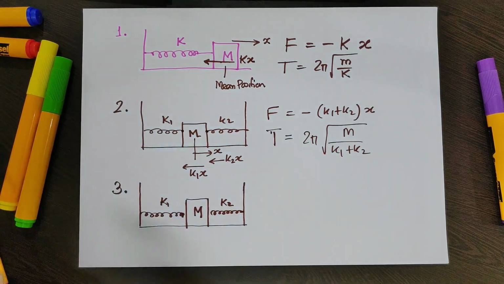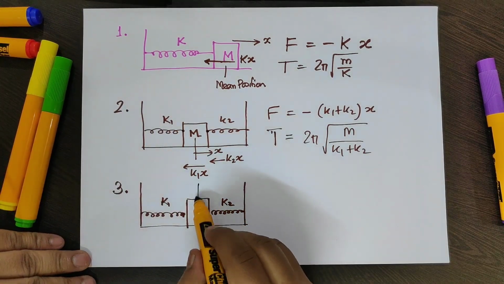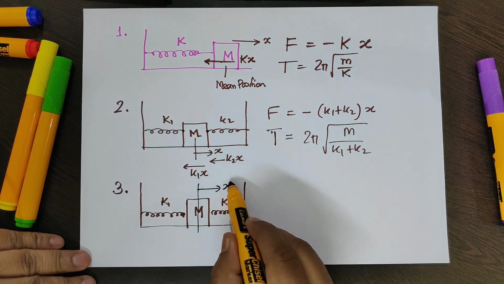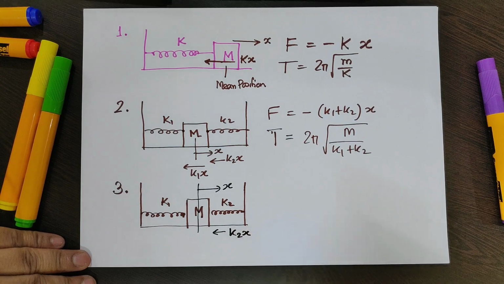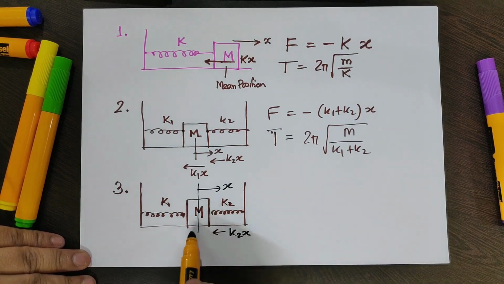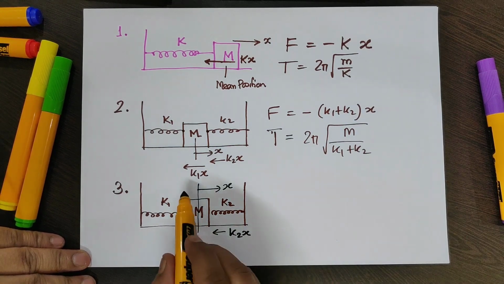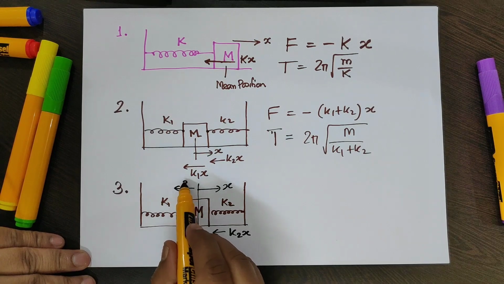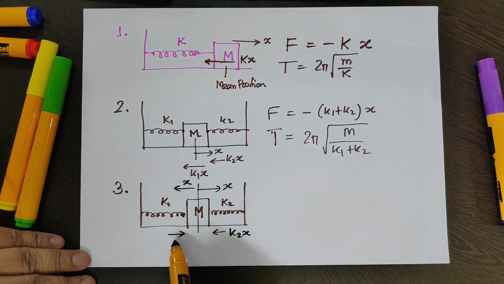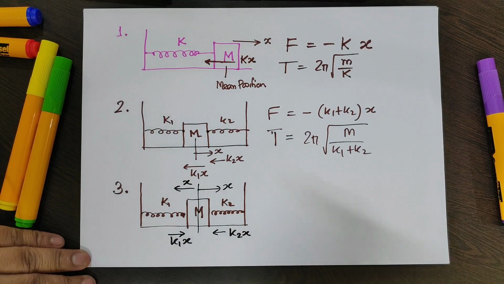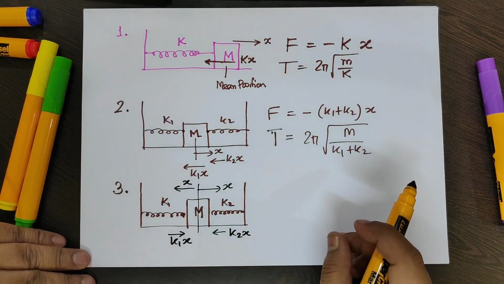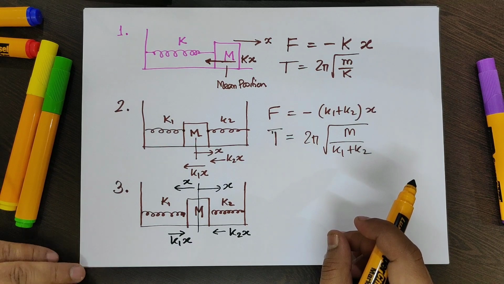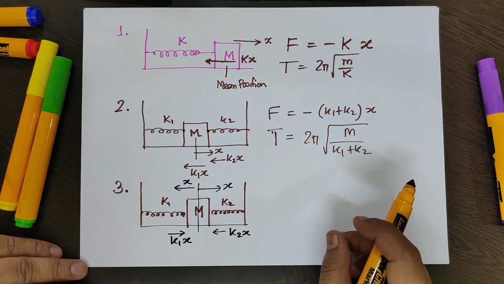Now from the mean position, if you displace this block by x, then there will be a force due to this spring, K2x. Now again, if you displace the block towards left by x, then the force will be K1x. So when the block moves towards right, it is K2x, and when it moves towards left, it is K1x.